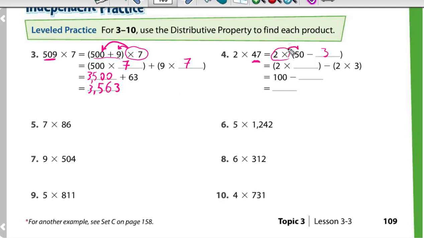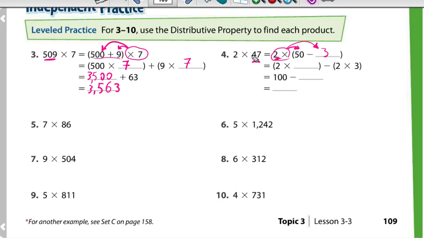Now distribute the multiplication. So what number will repeat? Of course 2. The 2 will repeat because this is the number multiplied. 2 times what in the first one? No, times the first one in the bracket.